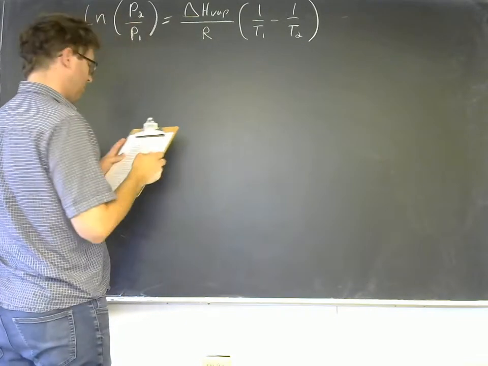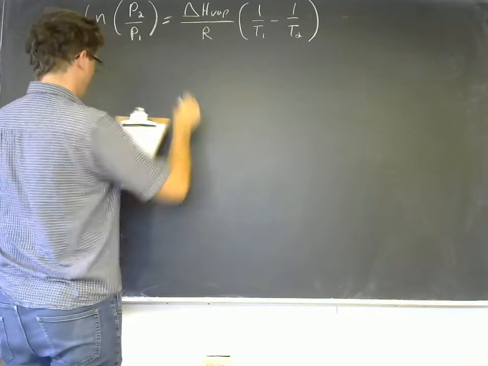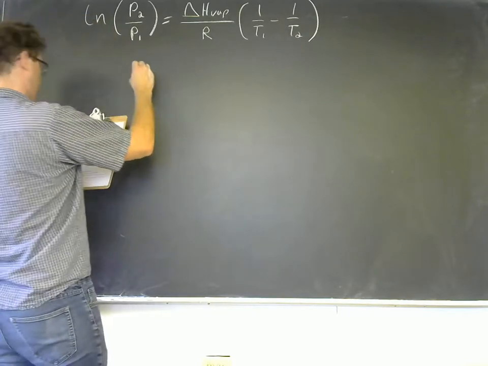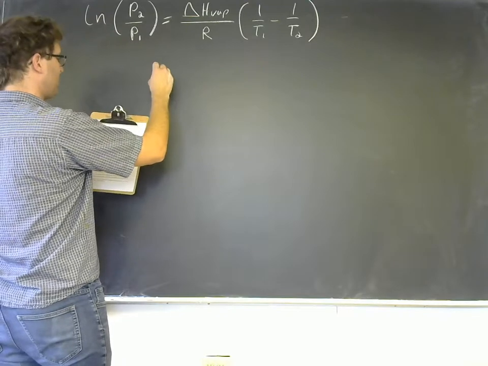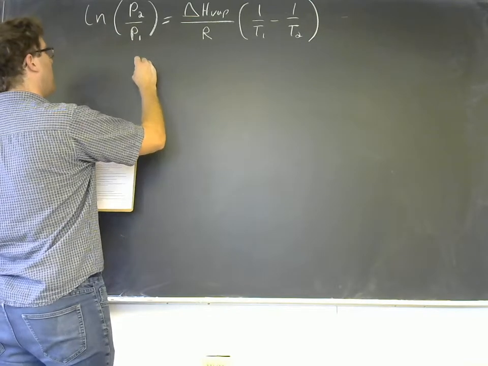Okay, so here's a practice problem. Methanol has a normal boiling point of 64.60 degrees Celsius.